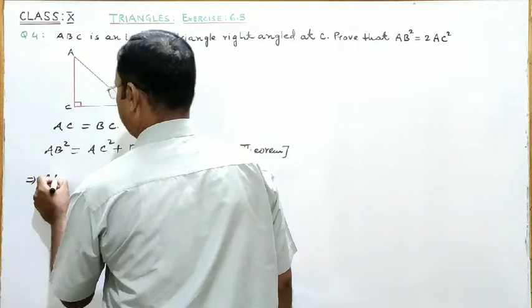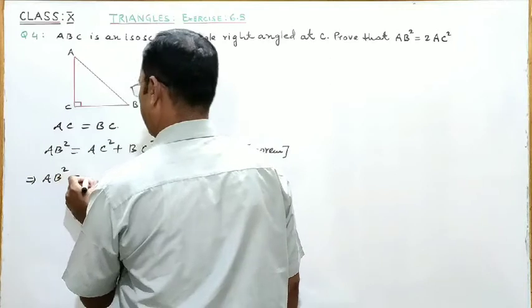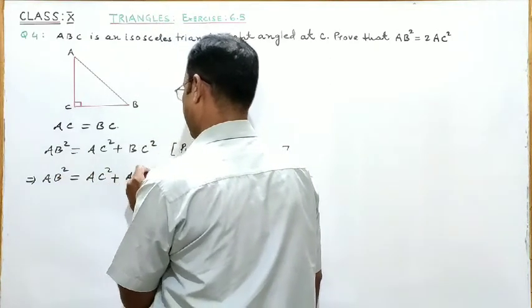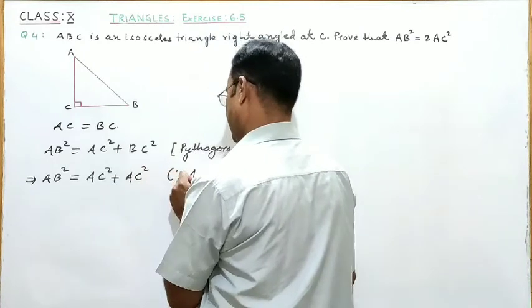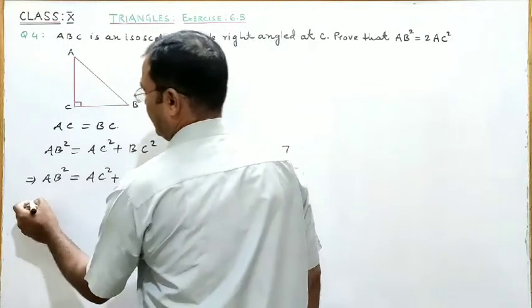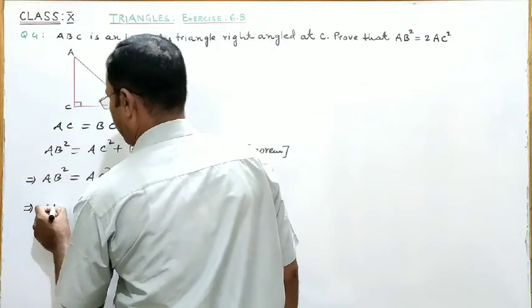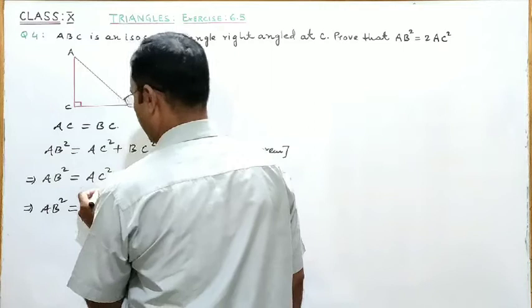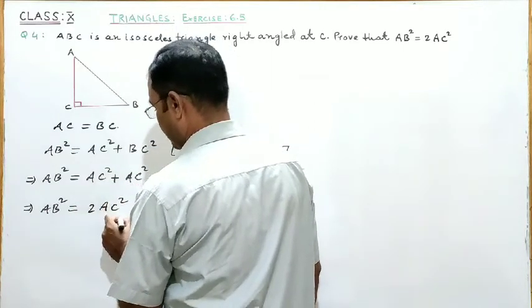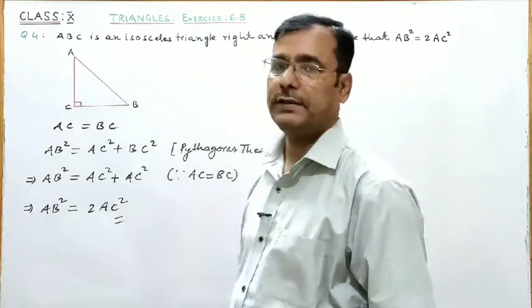This implies AB square is equal to AC square plus AC square, because AC is equal to BC. So AB square is equal to AC square plus AC square, which is 2AC square, and this is the proof of this question.